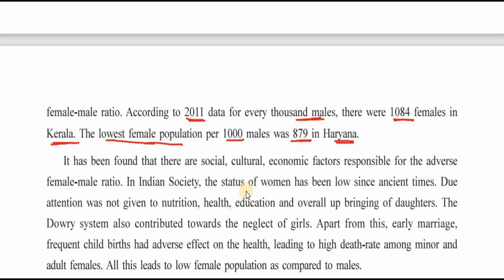So we can see this thing, Kerala and Haryana, two opposite ends of the spectrum. The social, cultural, economic factors are quite responsible for this adverse male-female ratio. In a predominantly male-dominated area like Haryana, where the Khap Panchayats function, it is very obvious that the male population is going to be more dominant and female will be lesser.